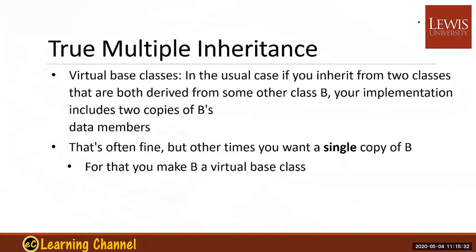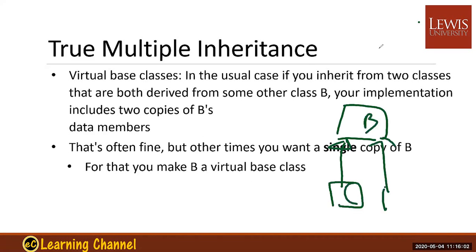In true multiple inheritance, with virtual base classes, the usual case is that you inherit from two classes that are both derived from some other class B, and your implementation would include two copies of B. If you have a B class, and a C class that extends B, and a D class that also extends B, and then you have an E class that extends both, then E will get two B classes.